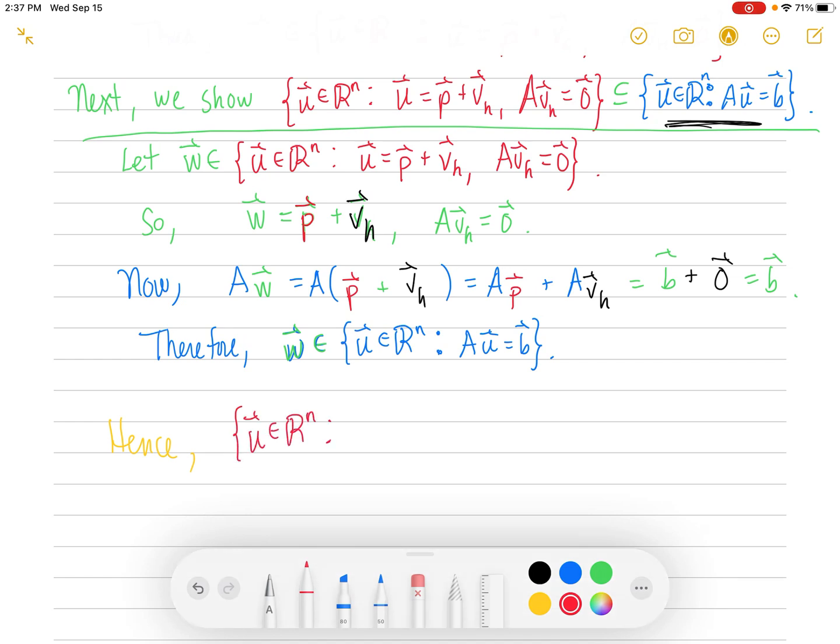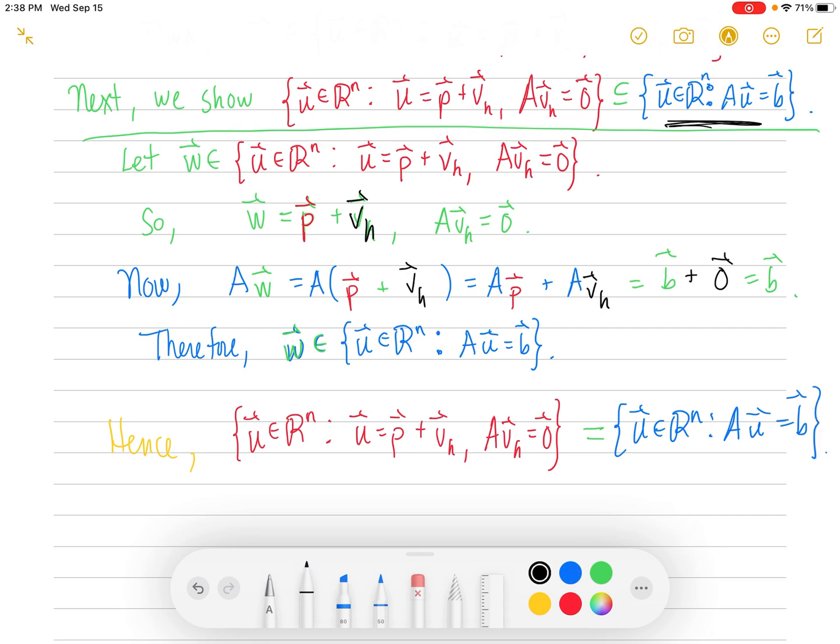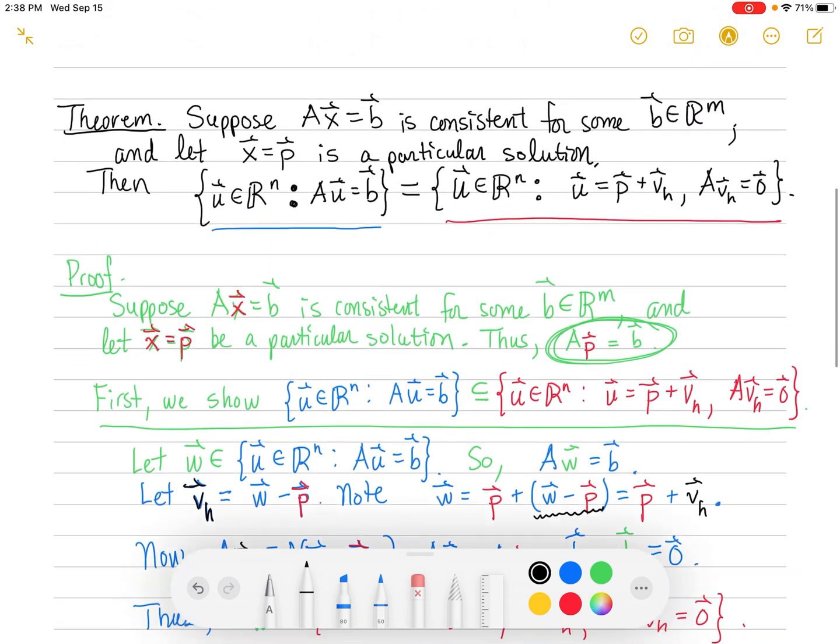The red set, which consists of all those vectors in Rn with a particular part plus a homogeneous part, is equal to the set of vectors U in Rn that themselves are solutions to the equation AU equals B. That's it. That's the proof. I'll put a little box to indicate we're done.